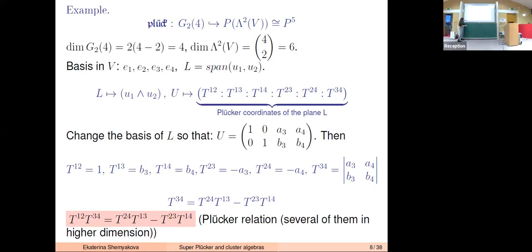We map into the second exterior power, and since we have dimension 4, the basis is e1 wedge e2, e1 wedge e3, e1 wedge e4, and so on. So t12 and the others are exactly the coefficients, which just tells you the standard notations.